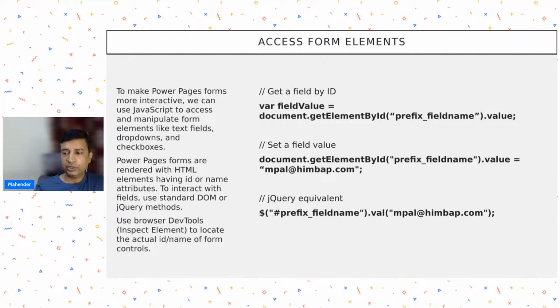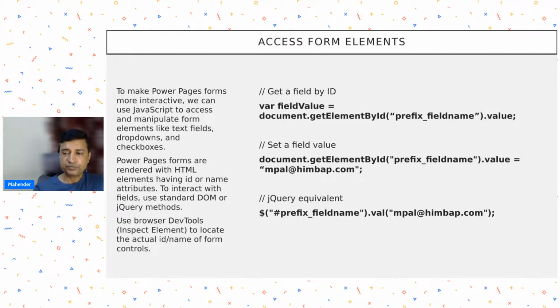If we want to set a value in this field using jQuery, we can set it this way, and similarly we can also access the field value using jQuery. So these are the two scripting ways we use, whether JavaScript or jQuery. Using these you can access the elements of the form, and whatever field you are using, a text field, date field, numeric field, drop down, all of them can be accessed in the same manner.